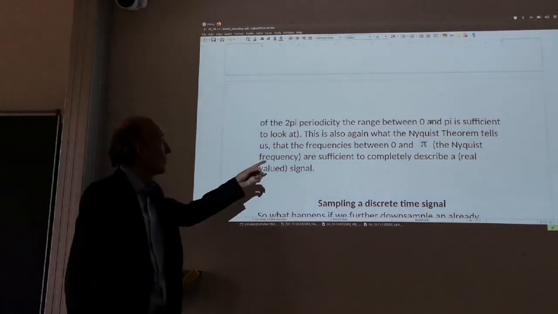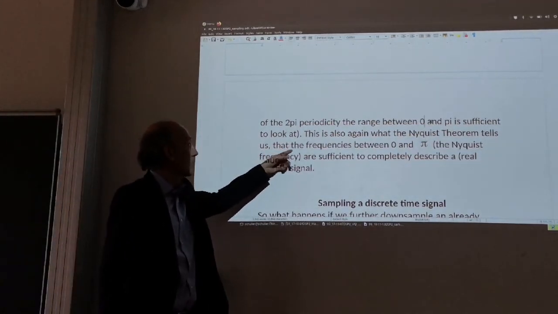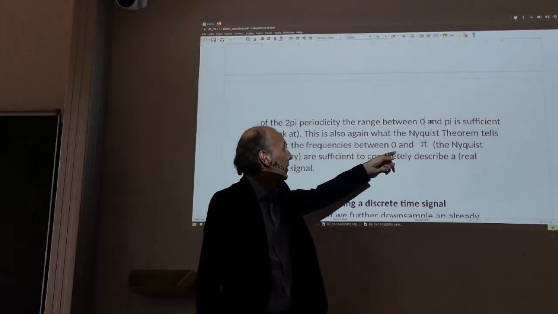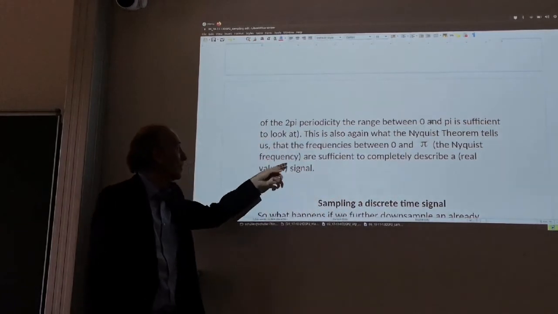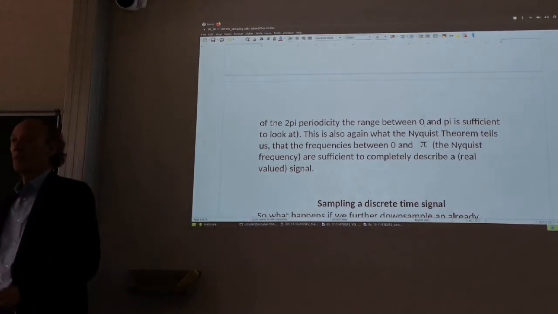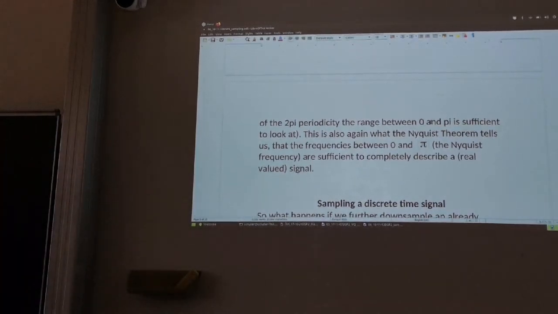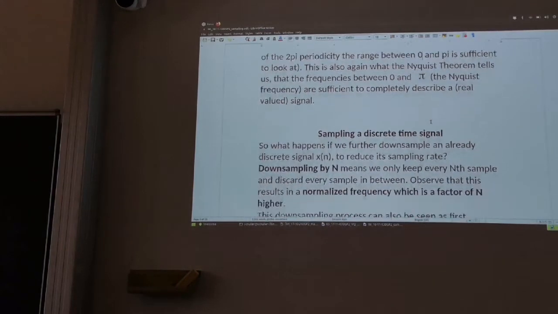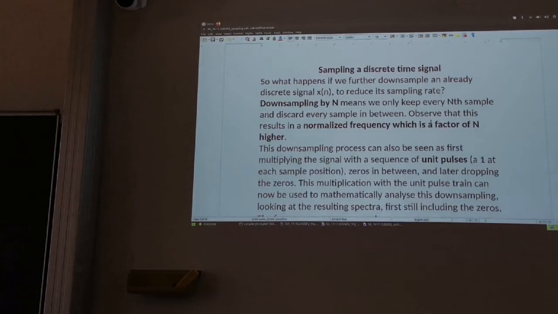This is again what the Nyquist theorem tells us, that the frequencies between 0 and pi, the Nyquist frequency, are sufficient to completely describe the real valued signal. So Nyquist is for real valued signals.